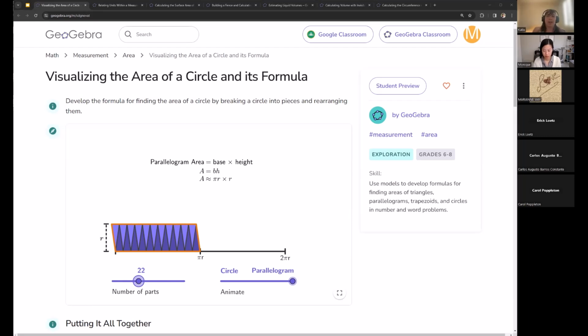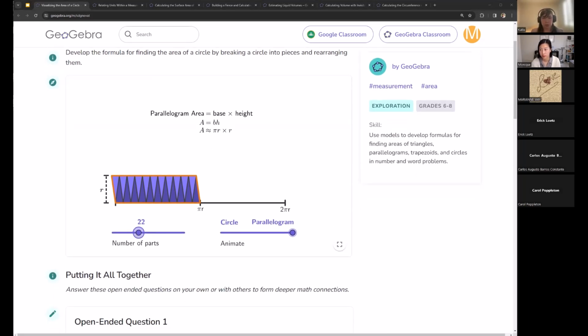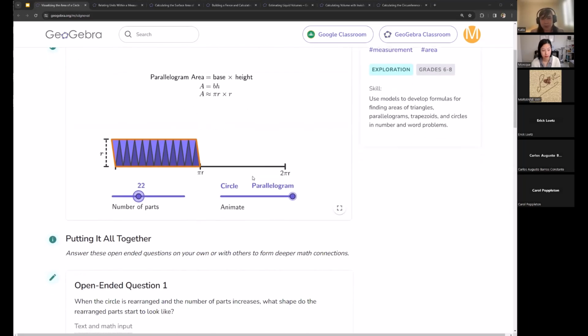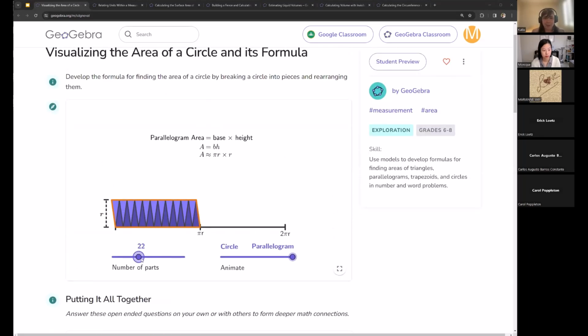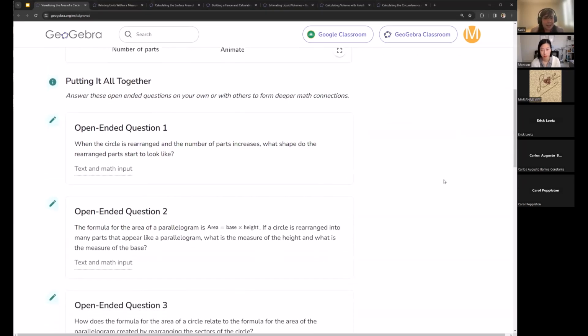You can work with the hands-on activity, look at the picture in the book, work through the problems, but here you can vary variables like the number of triangles that partition the circle and the parallelogram. So if you scroll down, Monique, let's look at those putting it all together questions again.